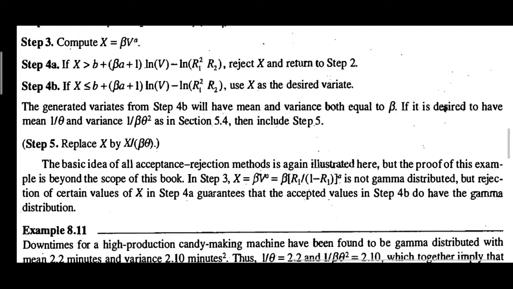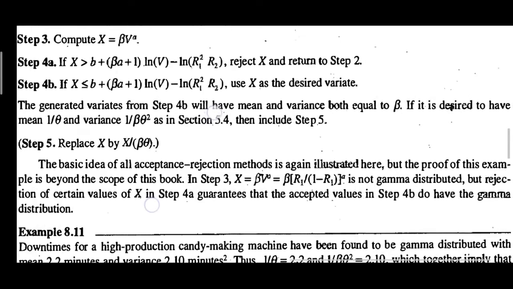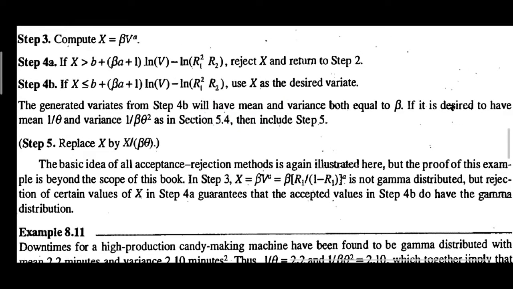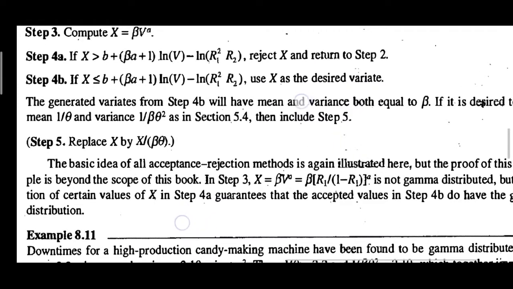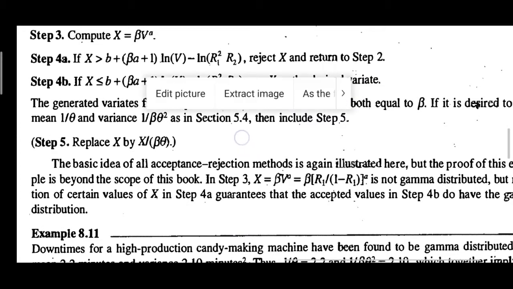The derivation of these formulas is what they are saying is not applicable for you. It is at a slightly higher level, so you don't have to bother about the derivation, but the main thing is you have to remember the formulas here.